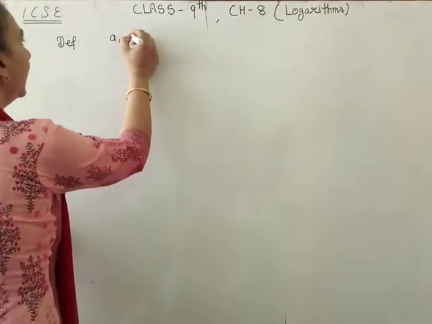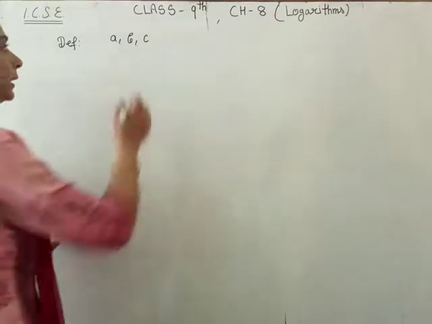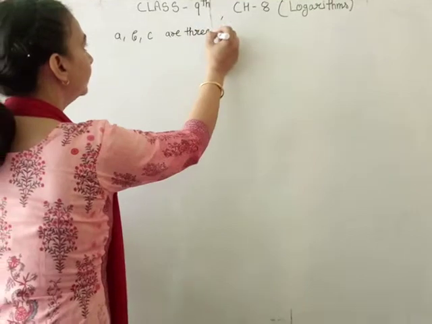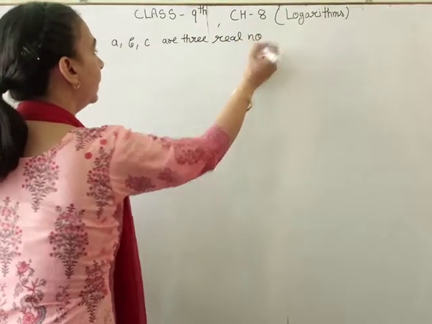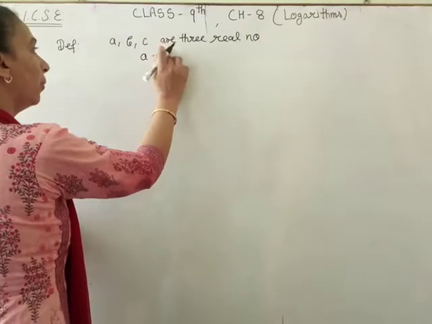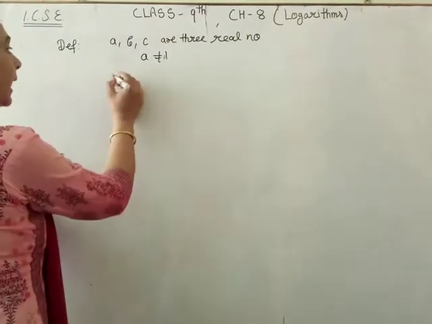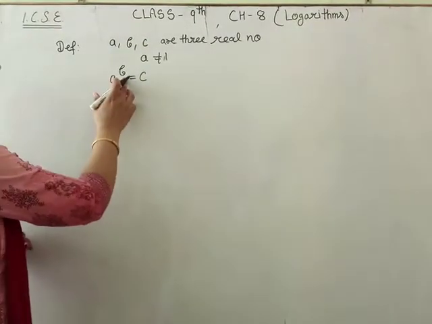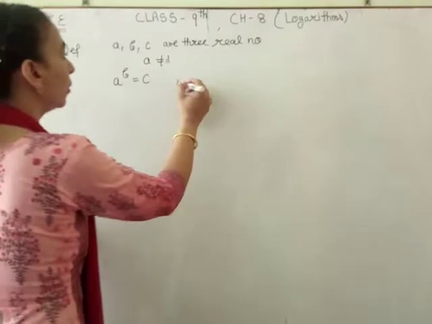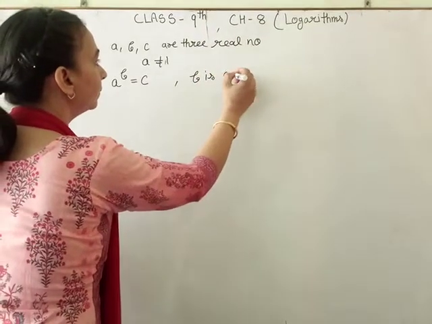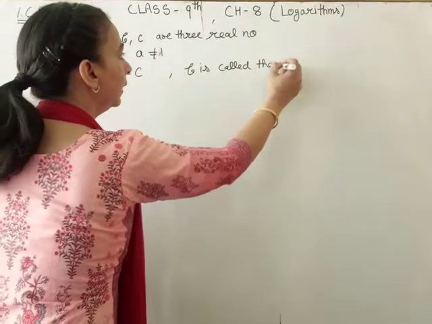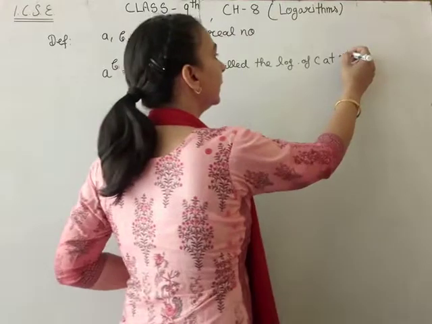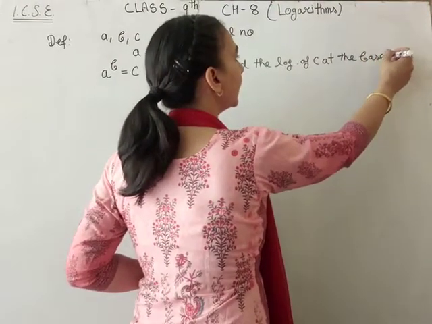If a, b, c are three real numbers and a not equal to 1, and a raised to the power b equal to c, then b is called the logarithm of c at the base a.